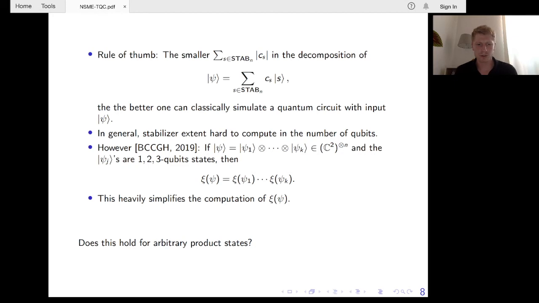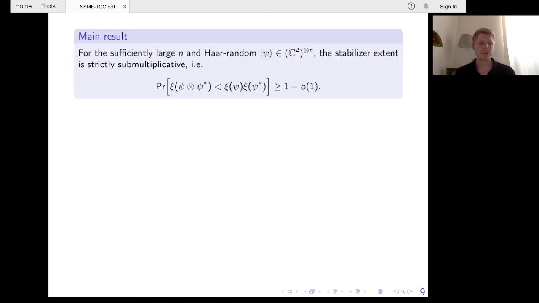Now, the natural question that arises is, does this also hold for arbitrary product states? And as you may infer from the title, this is not the case, and this is our main result, namely that the stabilizer extent is not multiplicative in general. Okay, so what's our main result? If I take a random n qubit state and n is sufficiently large, then the stabilizer extent is strictly submultiplicative.